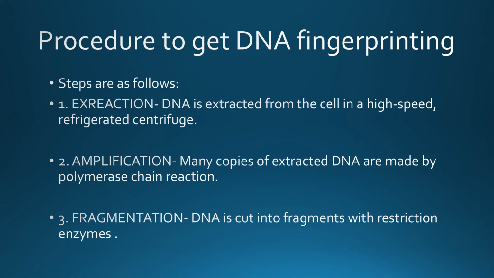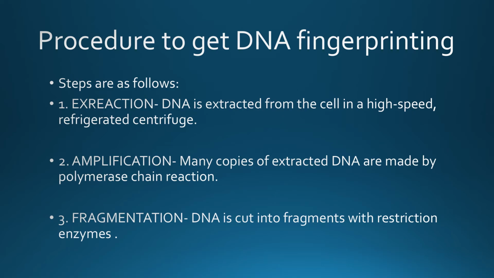Now what is the procedure to get the DNA fingerprint? There are steps. The first step is extraction. Whatever source we have, we need to extract the DNA from that cell, and this is done in a high speed refrigerated centrifuge.